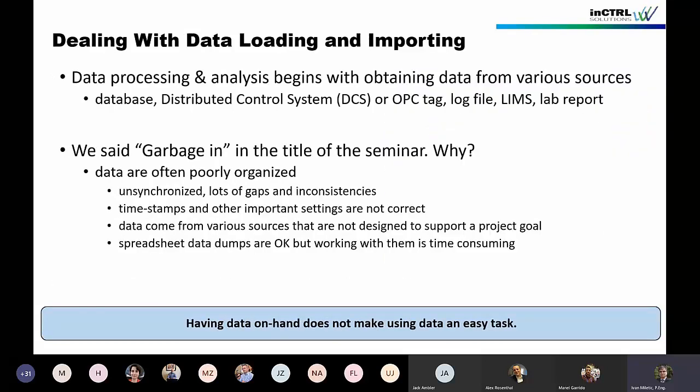All right. So the title has the word garbage in it. Why do we choose to say that? We're looking at here basically a recognition that the idea of assembling a data set, putting a data set together, and then extracting information from that data set is not always easy.